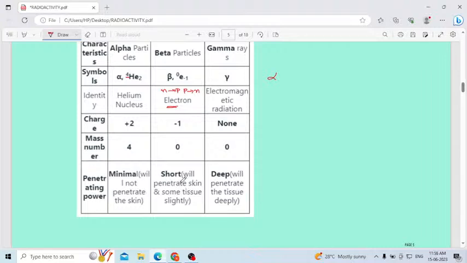Penetration will be there in the case of beta particles, but it will be very little. But gamma rays will penetrate the tissue deeply. That's why we use gamma rays to treat cancerous tissues, because they have the capacity to penetrate deeply inside the organ or human body. That is the main importance of gamma rays.